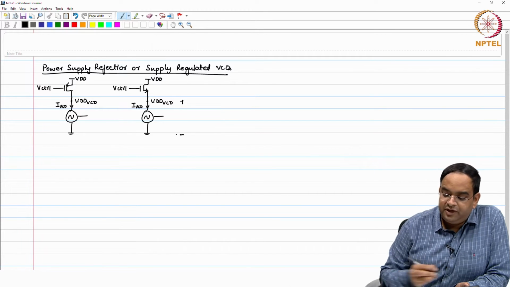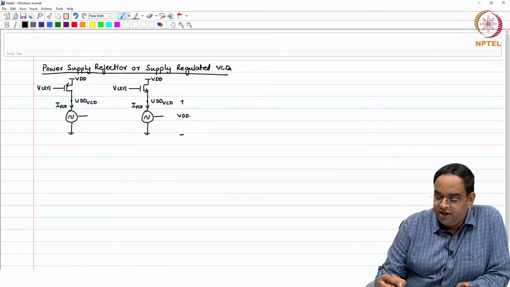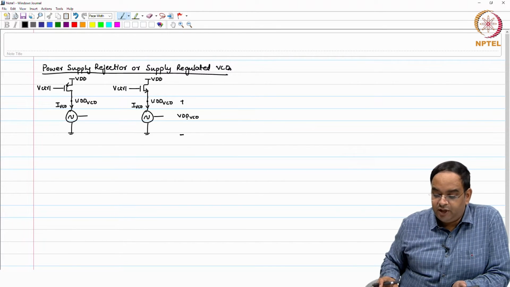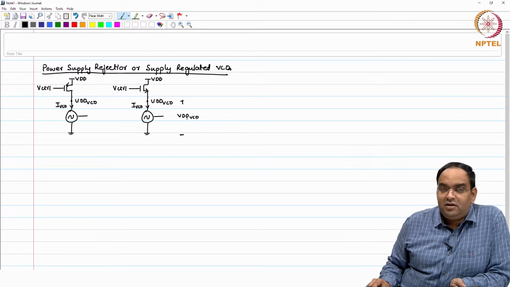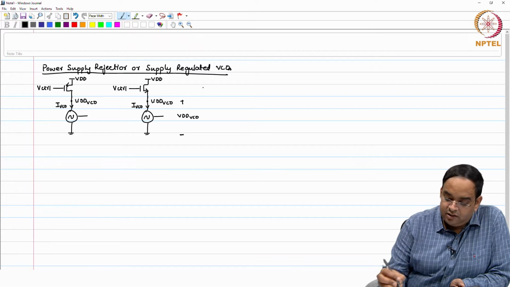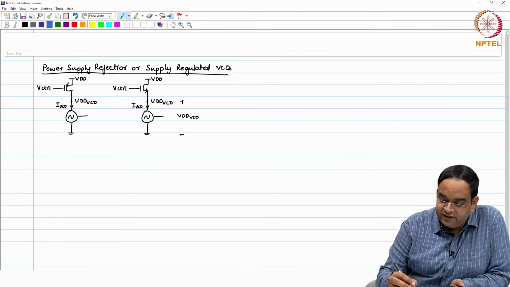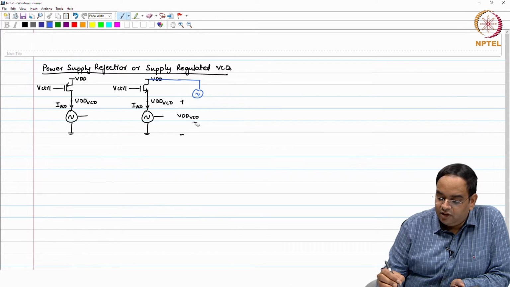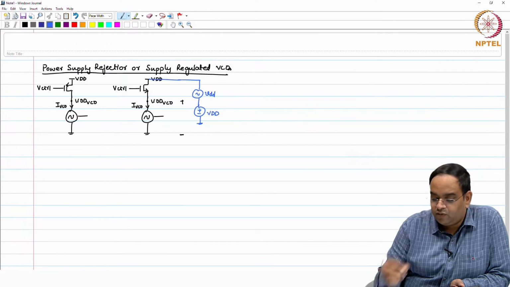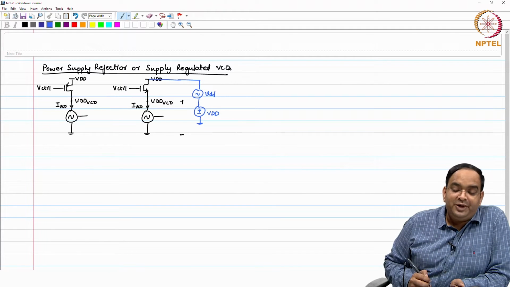This VDD VCO gets limited for a given supply voltage in case of NMOS as compared to PMOS. And we only looked at the case when the supply noise was at DC, where you apply a small VDD noise on top of the DC bias voltage.